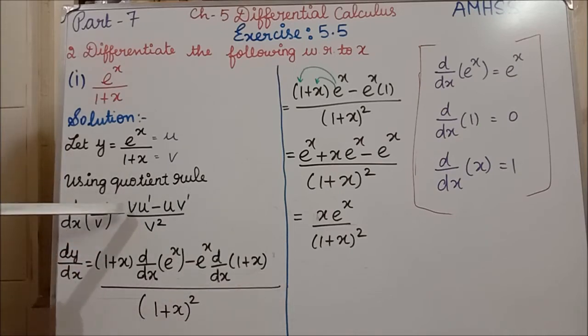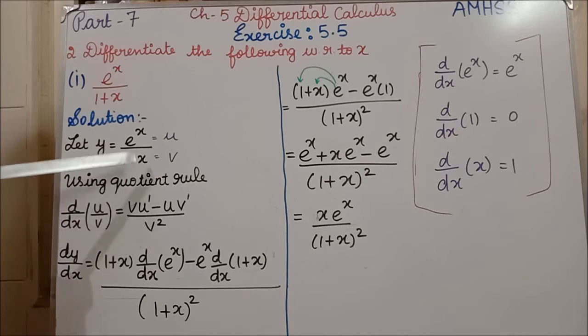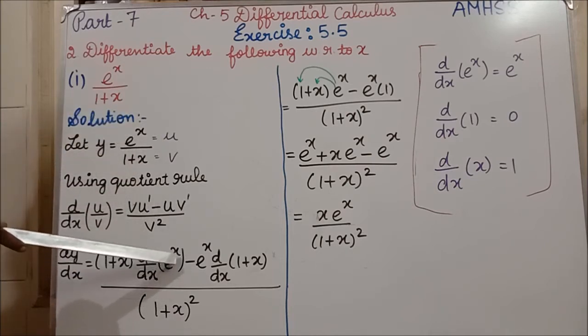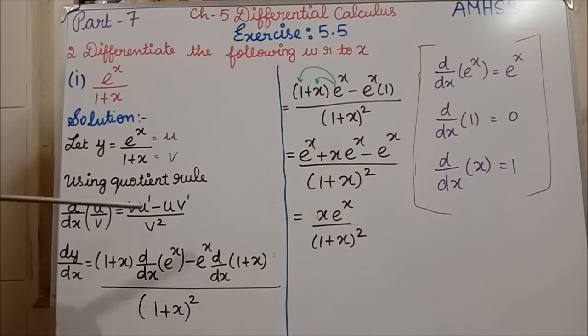Divided by v square. V square means what? Here what is v? 1 plus x. So you write 1 plus x the whole square.